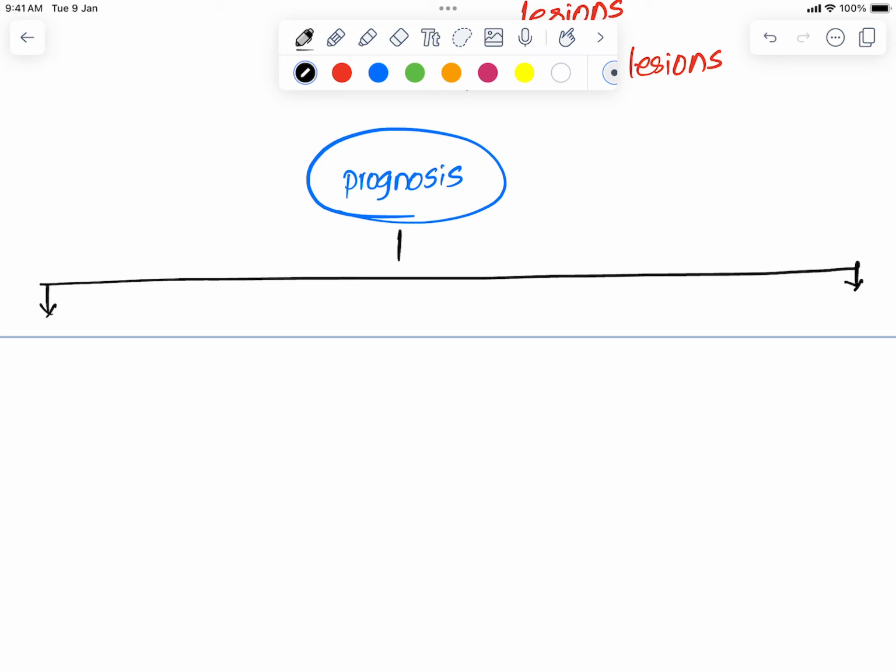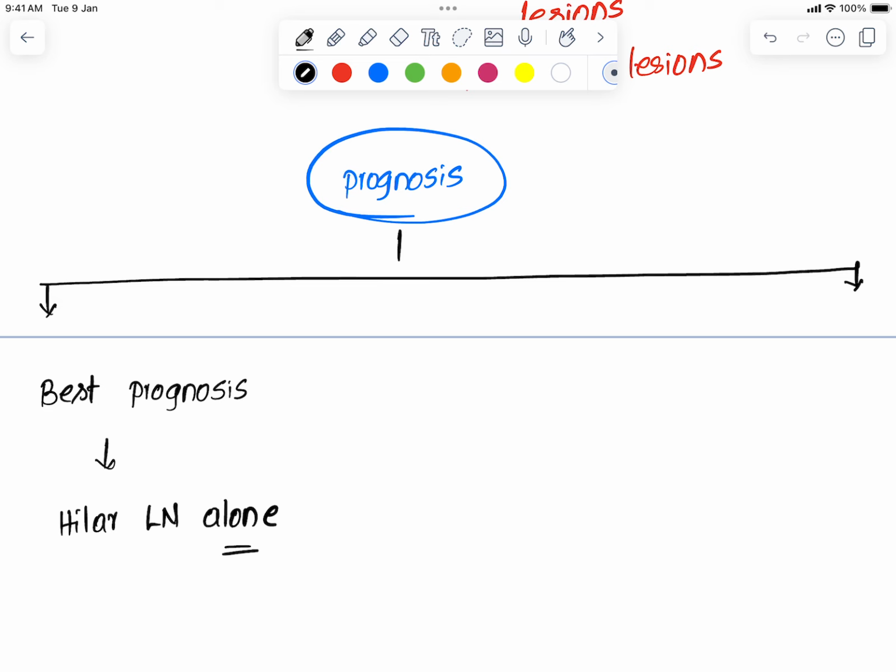So there will be a good prognosis if there is hilar lymphadenopathy alone.